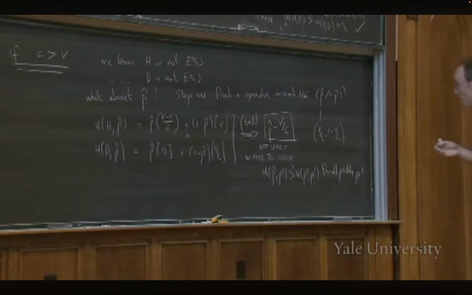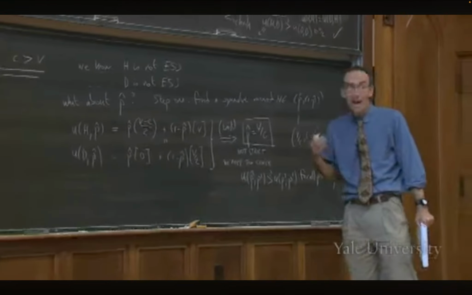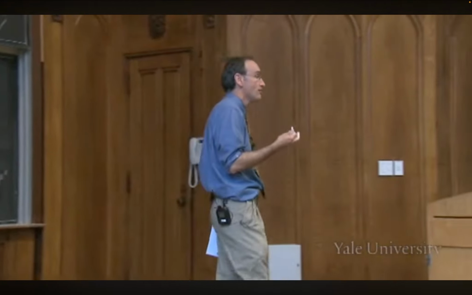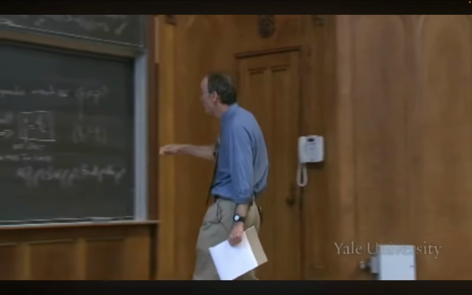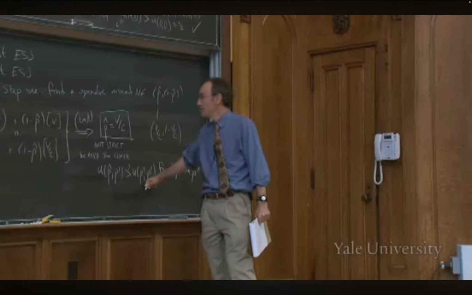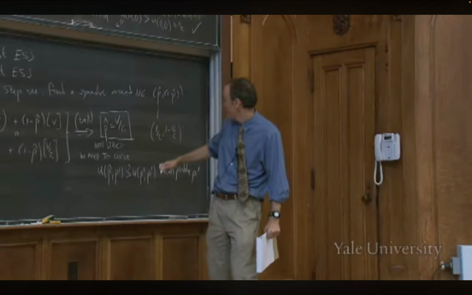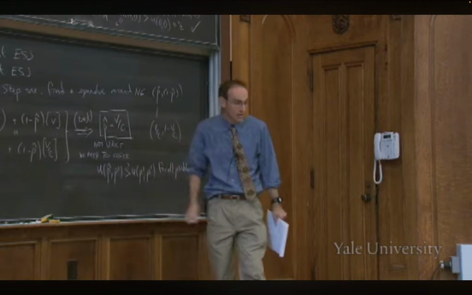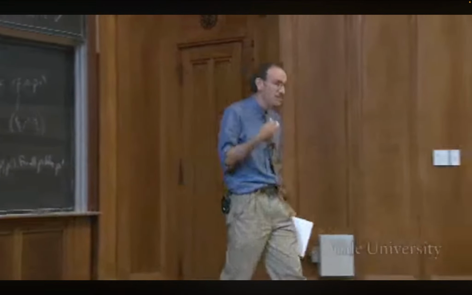Imagine a p prime, a mutation that is more aggressive than our candidate equilibrium. Then it's going to do very badly against itself. Because c is bigger than v in this case, it's actually going to get negative payoffs against itself, which will cause it to die out.